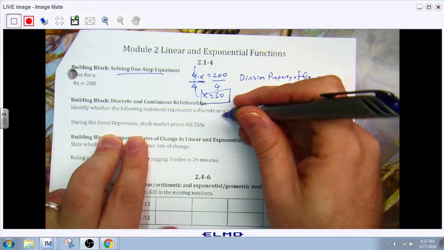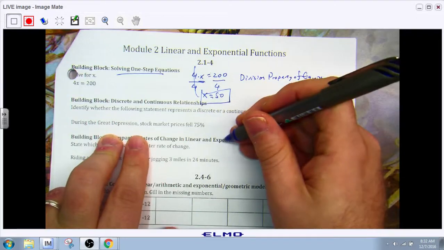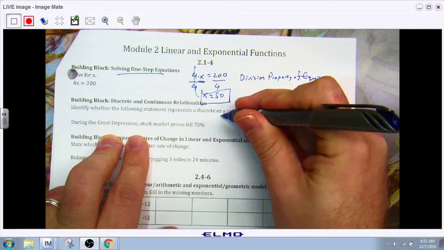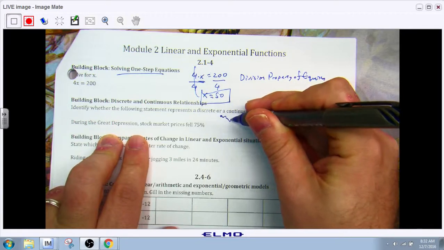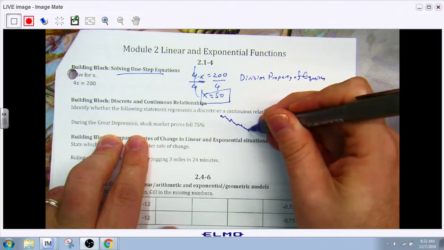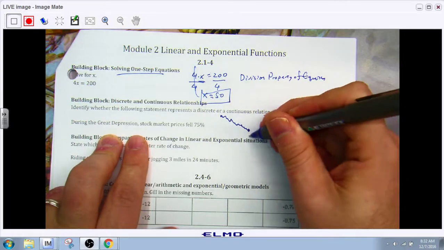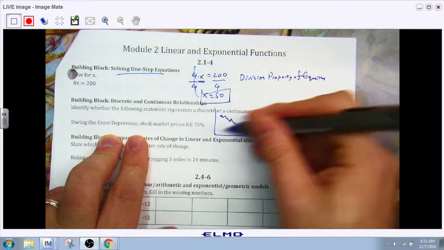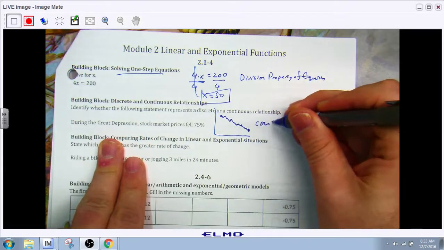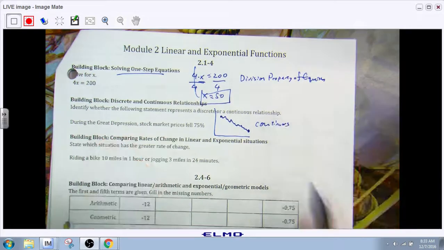Prices didn't go from 100% to 25% in an instant, the way that a piggy bank would. Over time, it started here, and then it went down and down and down, to the point where it has fallen 75%. You've seen these sort of lines before. This is going to be continuous, so be careful of that.